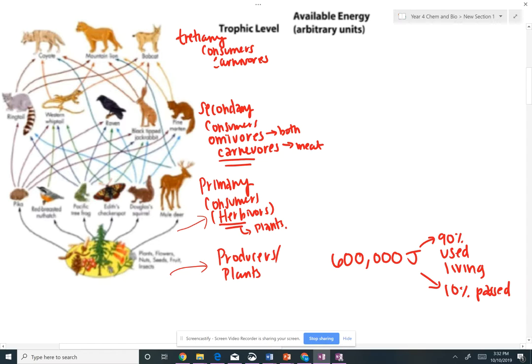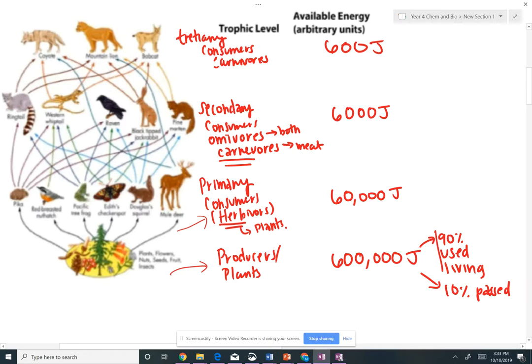An easy way to figure out how much is 10% is you just smack off one 0. So you'll see on here that I dropped a 0, and that is how many joules is on there. Same deal on here: I write this number, drop a 0 and I get 6,000. Then I drop a 0 and I get 600.